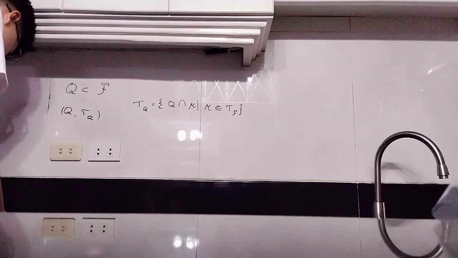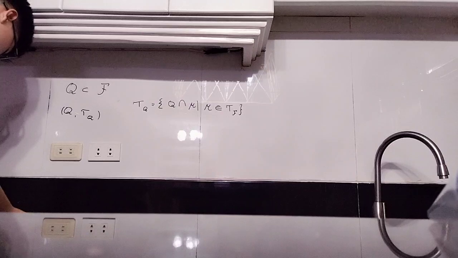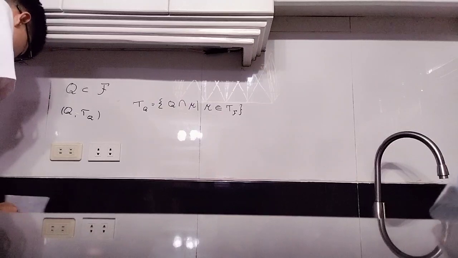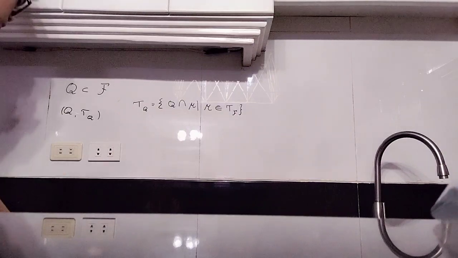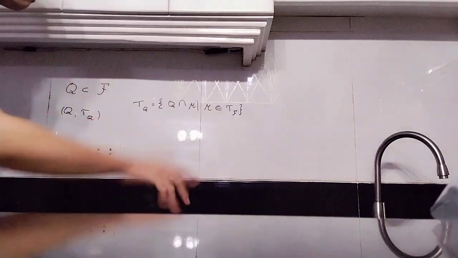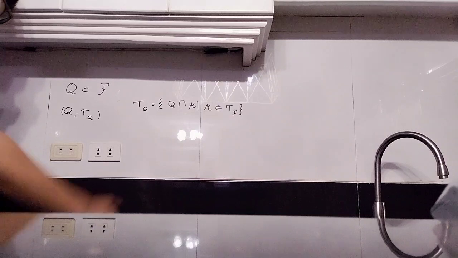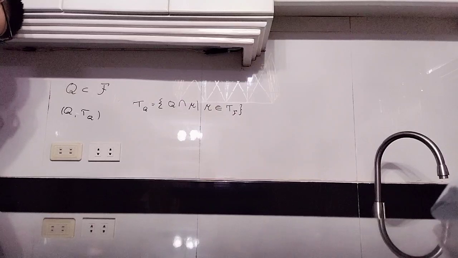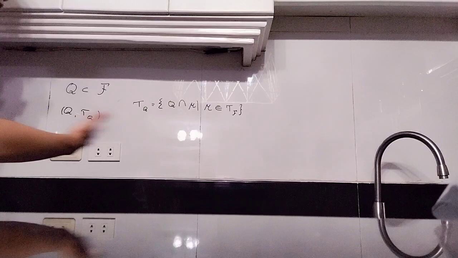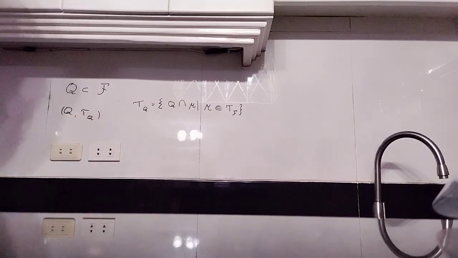There's also a uniform topology, and of course the standard topology in R, the Euclidean topology, which is a special case of the metric topology. That's all the examples I have for you before getting into quotient space, or the quotient topology.